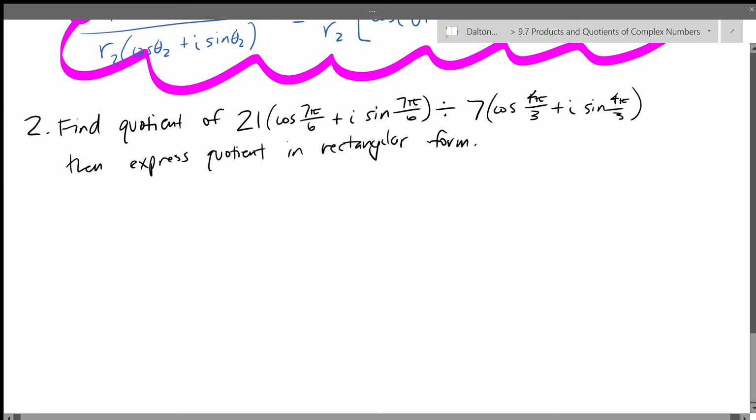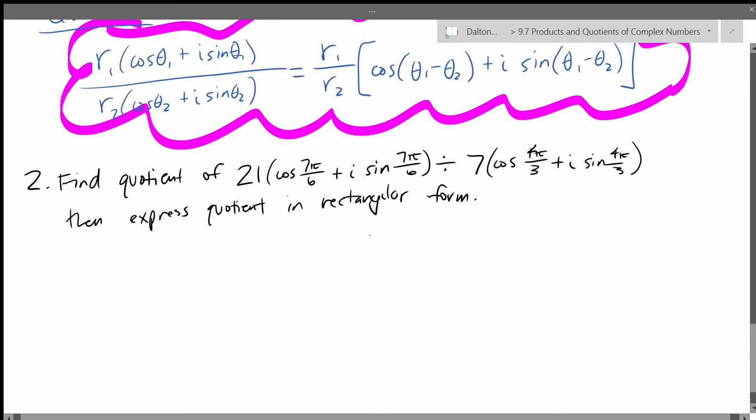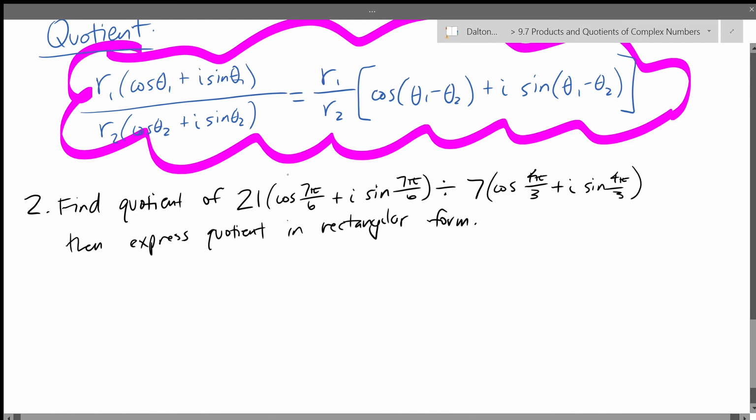Okay, to find the quotient, we're going to follow the rules given in this highlighted pink formula. So again, if we identify that 21 is r sub 1, theta sub 1 is 7 pi over 6, and in our second coordinate, 7 is r sub 2, and theta sub 2 is 4 pi over 3, then we can fill in the right side of the equation.